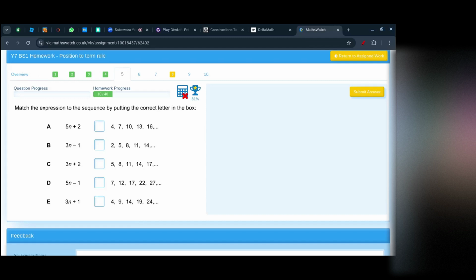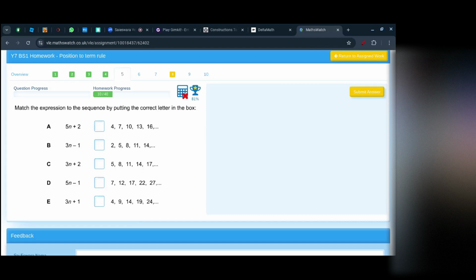So I mean plus 8. What they mean is, see, A is for 5n plus 2, B is for 3n minus 1. If A, what is the sequence A is giving? 5n plus 2. What is the first number we will obtain in 5n plus 2?